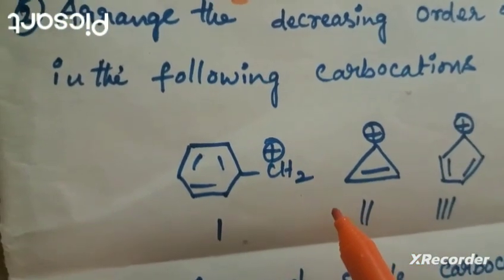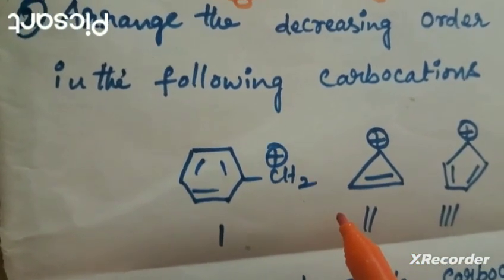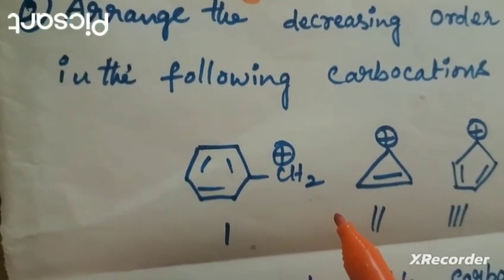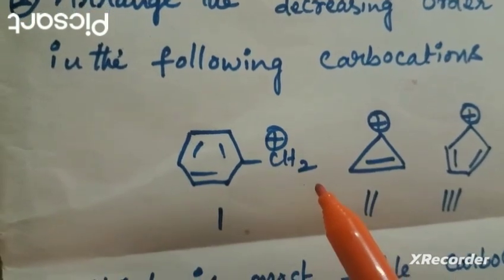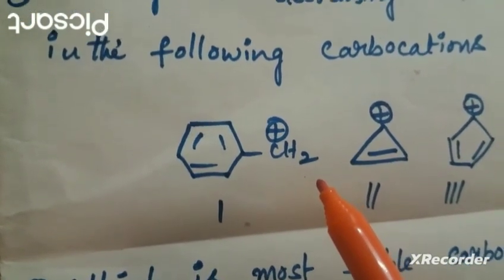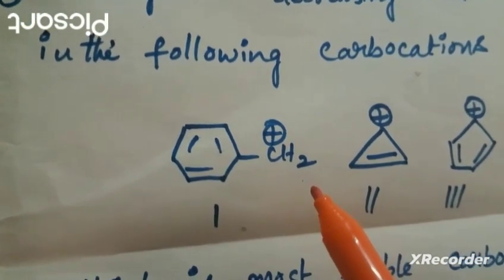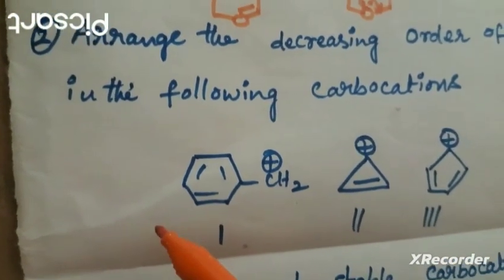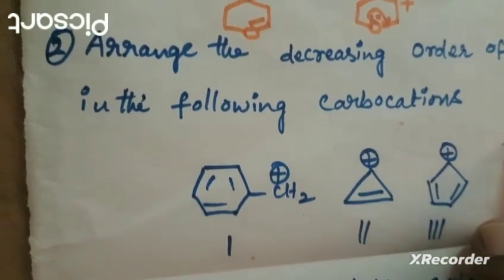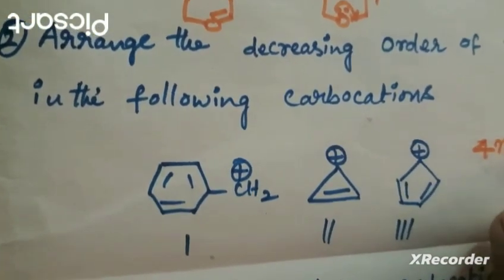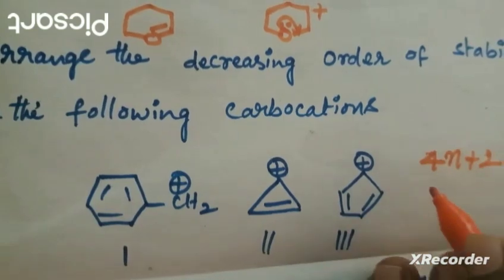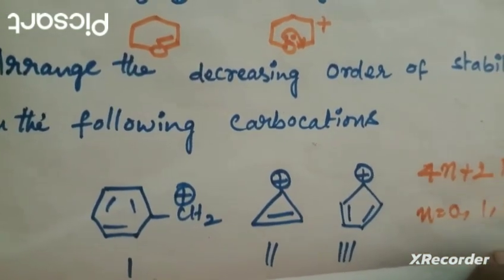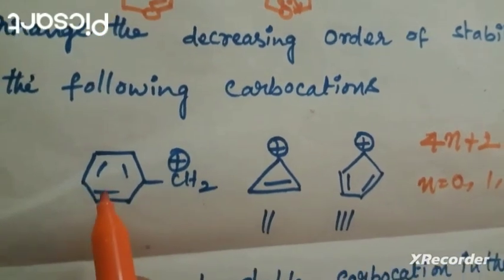Any molecule shows aromatic character when it obeys the Huckel rule. The Huckel rule is nothing but that it should have a planar structure, all the carbon atoms should be sp2 hybridized, there should be alternating double bonds, and most importantly it should follow the 4n plus 2 pi electron rule. So here n equals 0, 1, 2, 3.